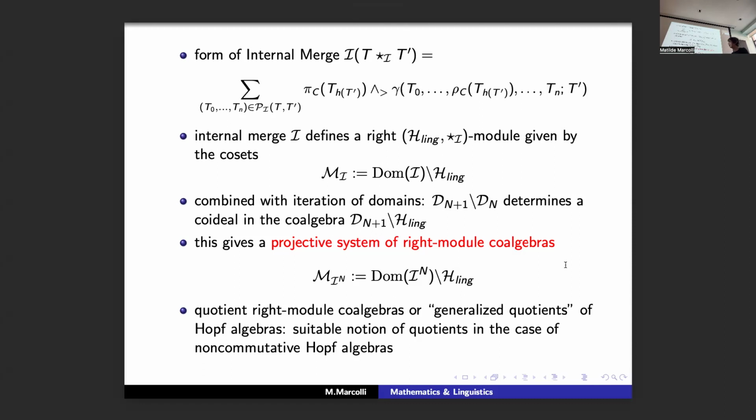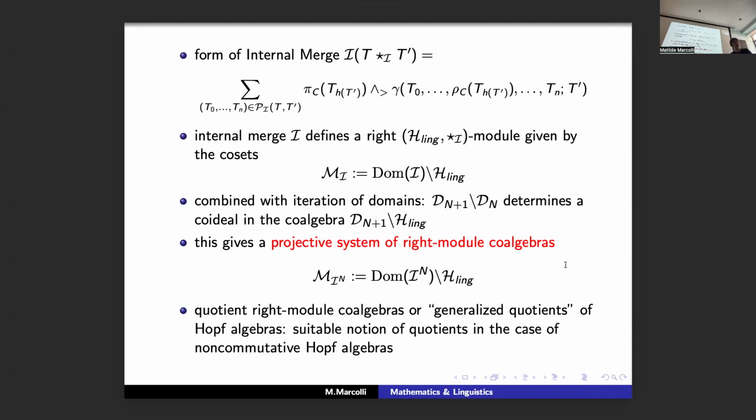So the kind of algebraic structure that you get associated to internal merge in this model is this family, this projective system, of right module coalgebras. Right module coalgebras are the best you can get close to a quotient of Hopf algebras in the case where the Hopf algebra is non-commutative.